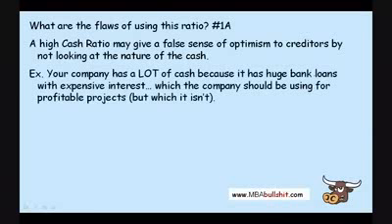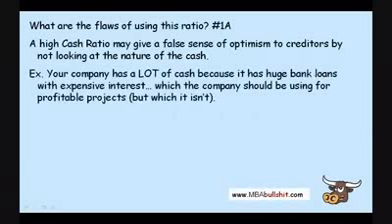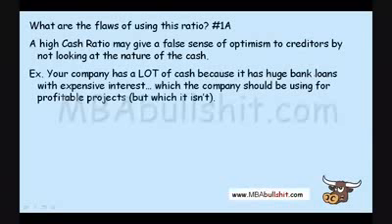So for example, your company has a high cash ratio because it has a lot of cash. And why does it have a lot of cash? Because it has huge bank loans with expensive interest. So it has a lot of cash because it borrowed the cash from banks.